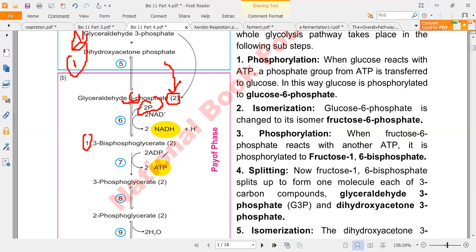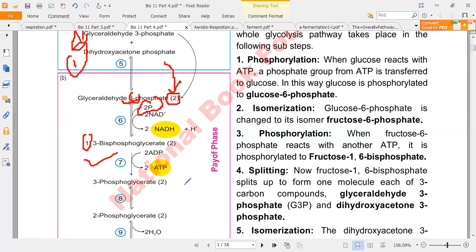Then we have a very important reaction, the first ATP forming reaction, step number 7. Sorry, that is called substrate phosphorylation. So now this substrate is making ATP, that's why this is called substrate phosphorylation.